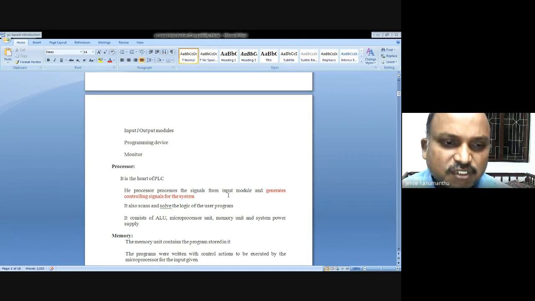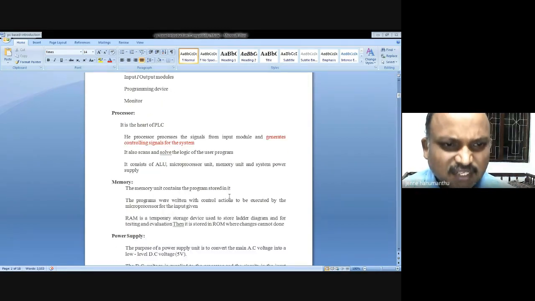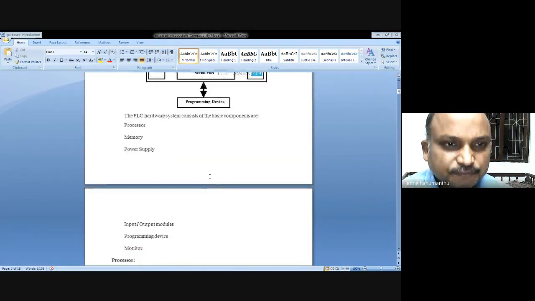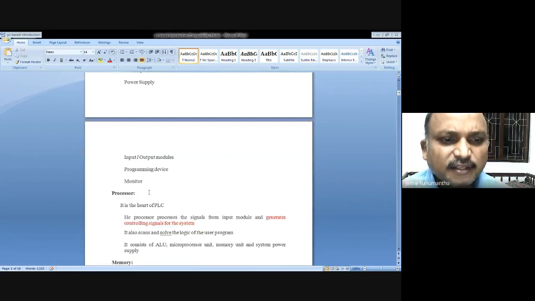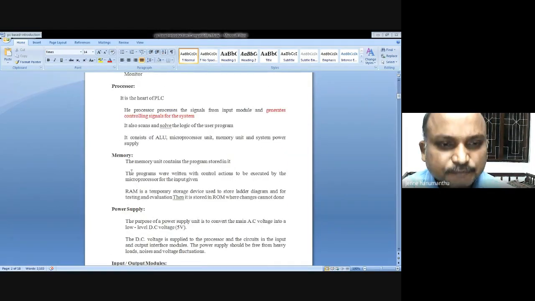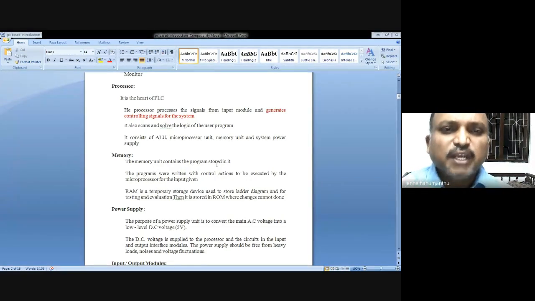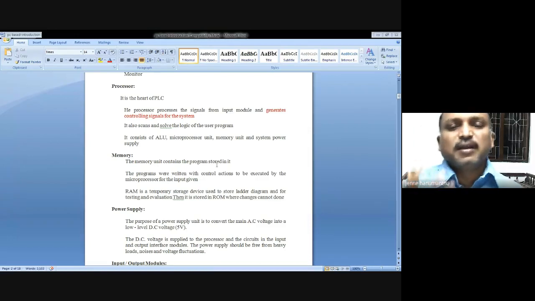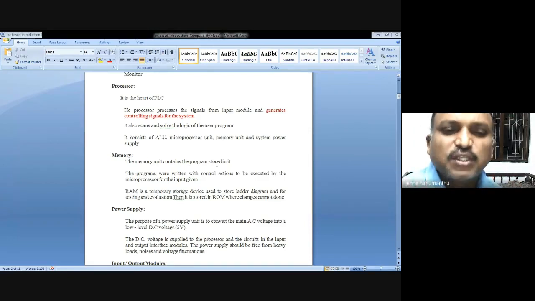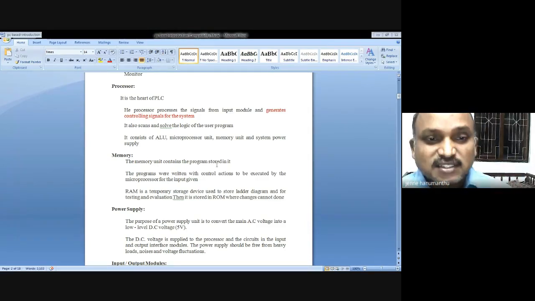Of course. And the second part in the PLC is memory. The memory unit contains the stored program. It is a storing place. Memory is a storing place, right? You can store the data permanently, and sometimes you can store the data temporarily if required, right?